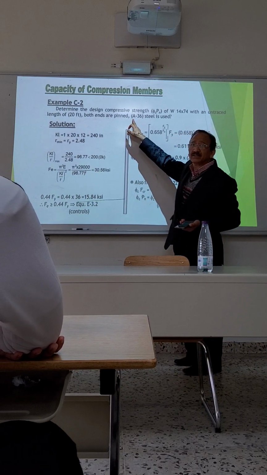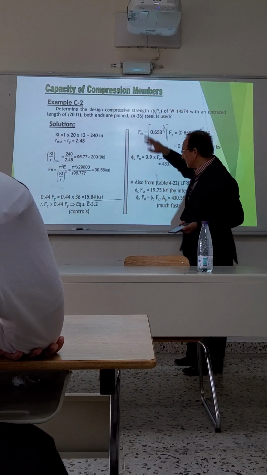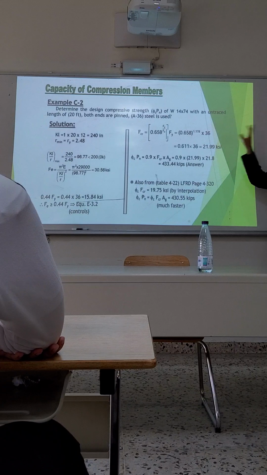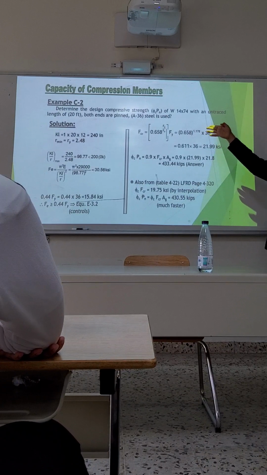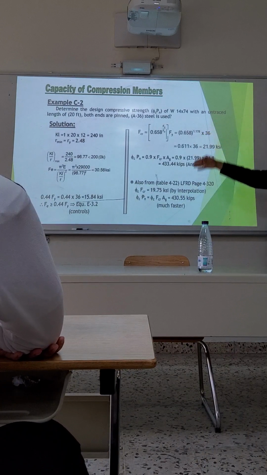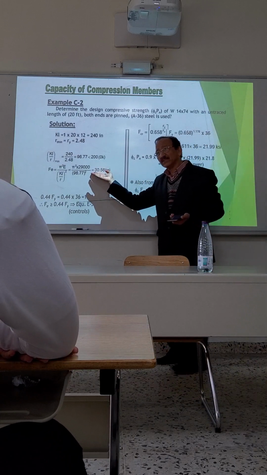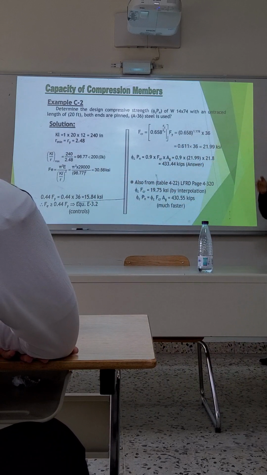Steel grade 36, but critical stress just 21.99, which is much lower than that value. If somebody takes this value, then it will be on the unsafe side and the building will fail.